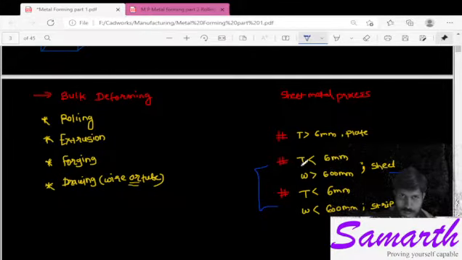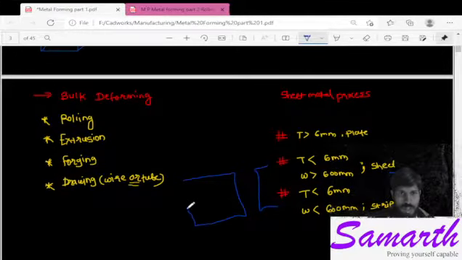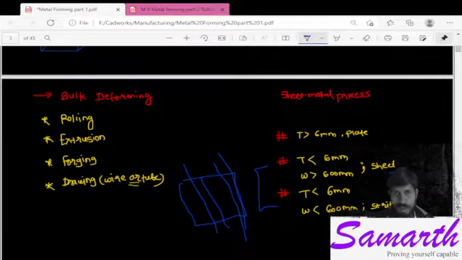And for the same thickness, if this is a sheet and you cut this sheet into different parts, then this width will reduce, and in such a case the metal part will be called a strip, provided the thickness is less than 6 mm.